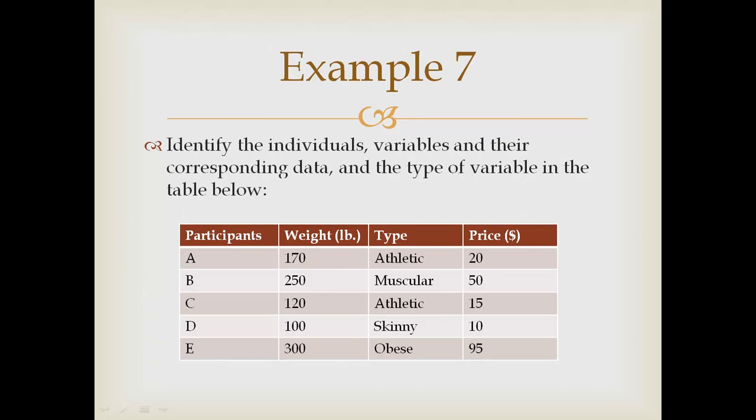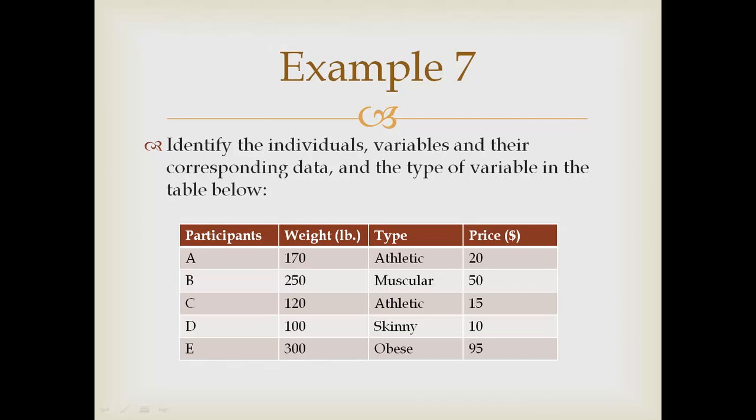Example 7. Identify the individuals, variables, and their corresponding data, and the type of variable in the table below. So we have participants, weight in pounds, type, and then price in dollars.